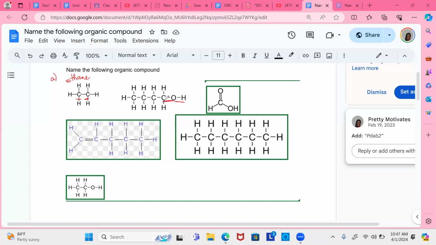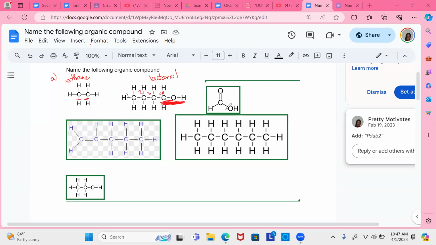Which functional group is this, sorry? This is the hydroxyl. So that means it belongs to which homologous series? Alkanol. 1, 2, 3, 4. So 4, it's going to be butanol. Clear?